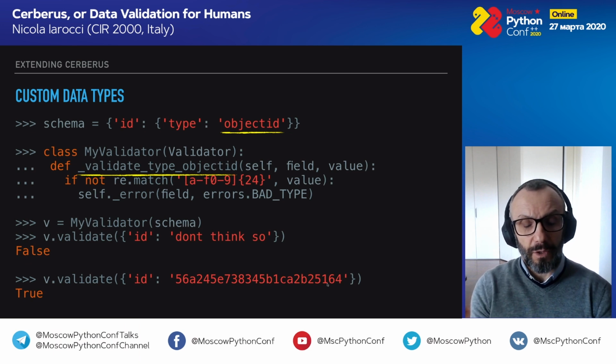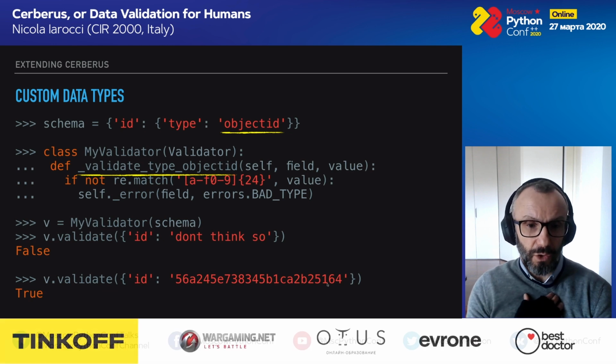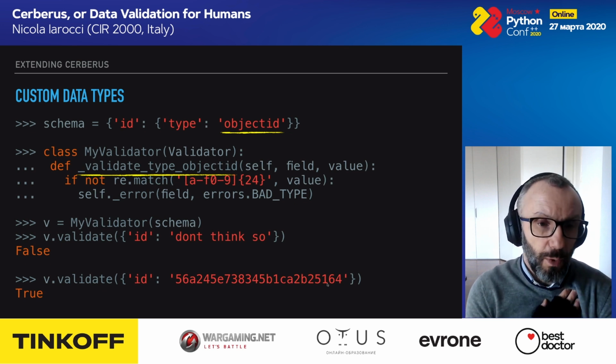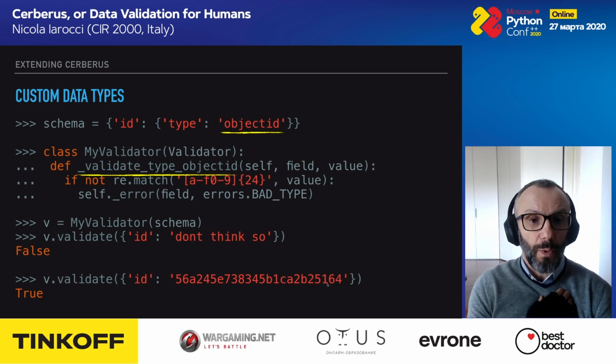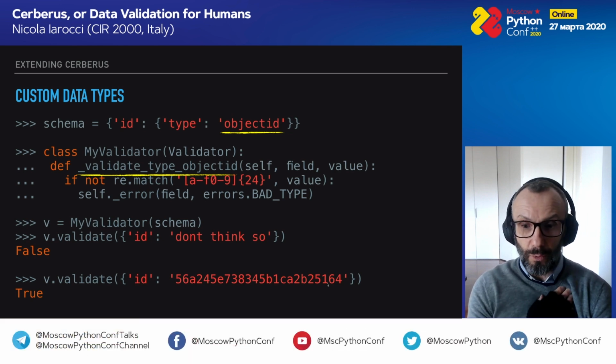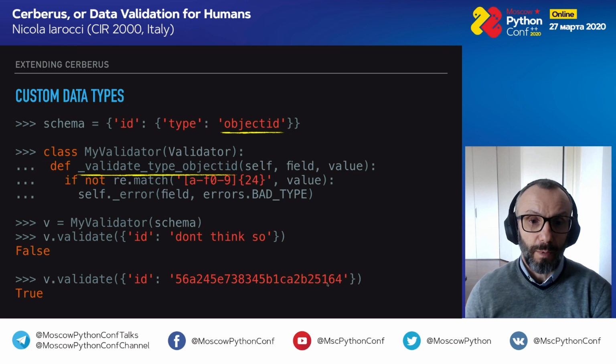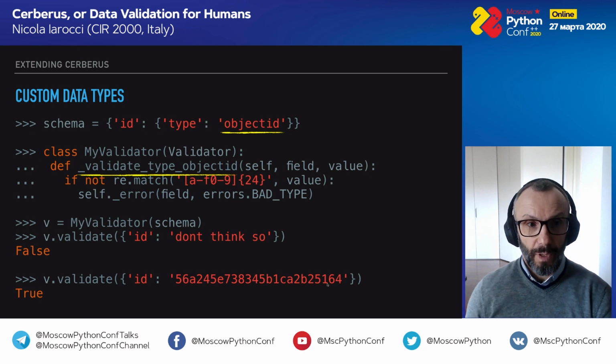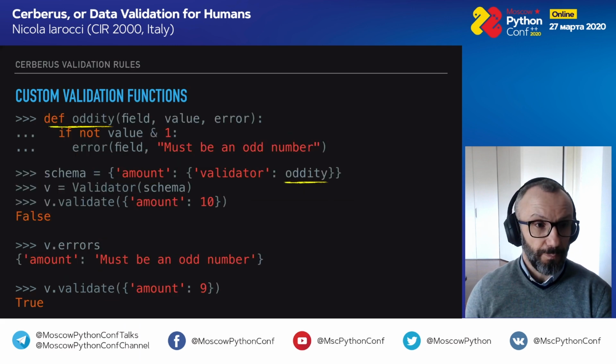In the newest version of Cerberus, there is a much easier way to do this. We actually have a type register where you can register new types, very much like we did before with the schemas and the validation rules. So go and look at the documentation. You will find a better way to add valid types to your validation rules.